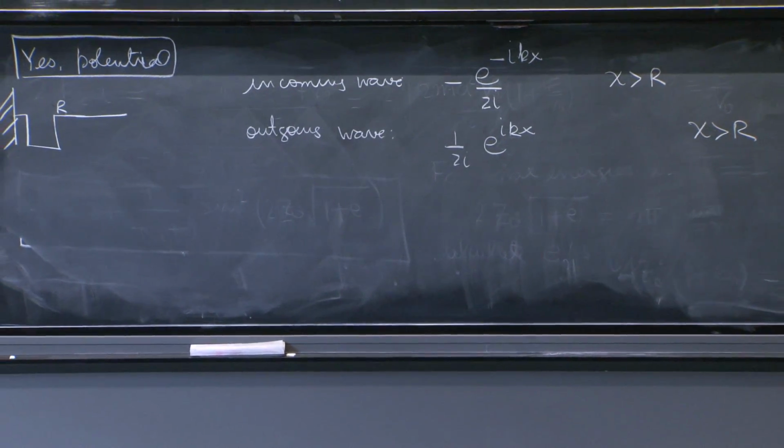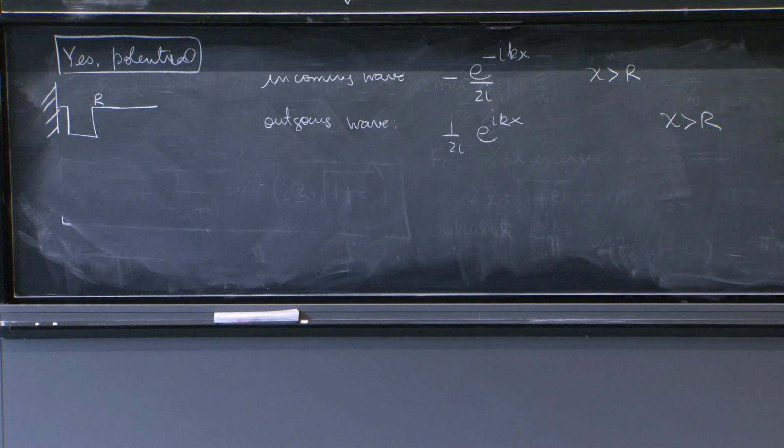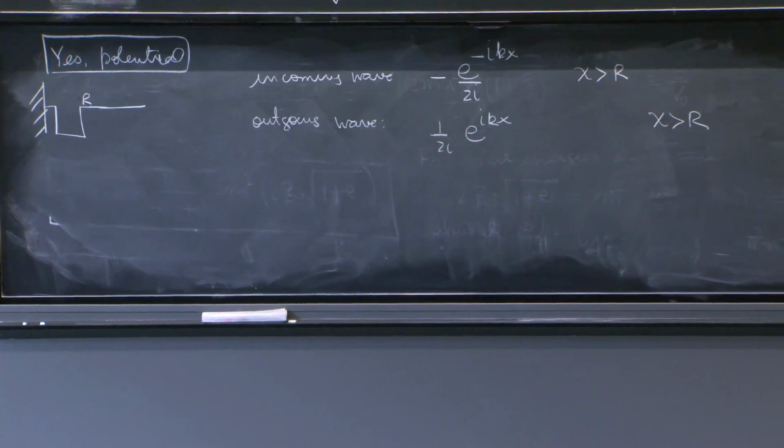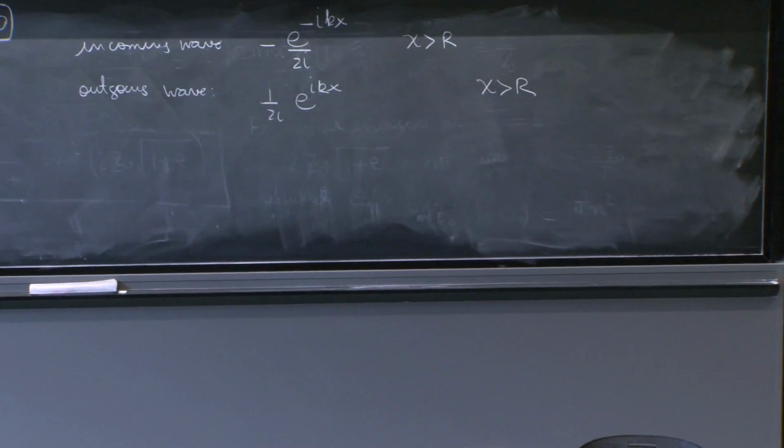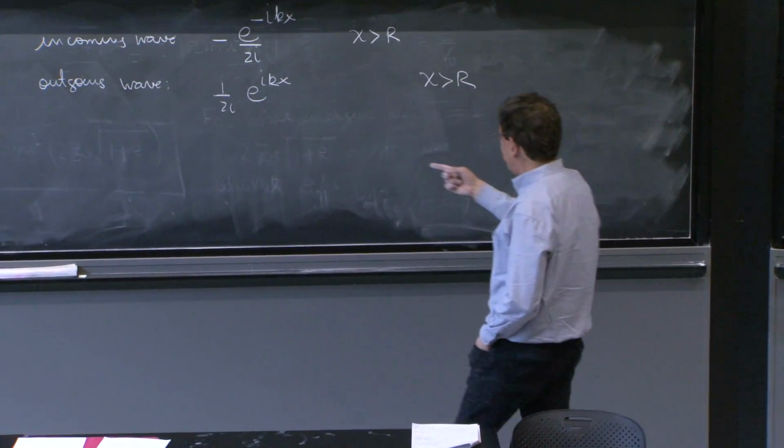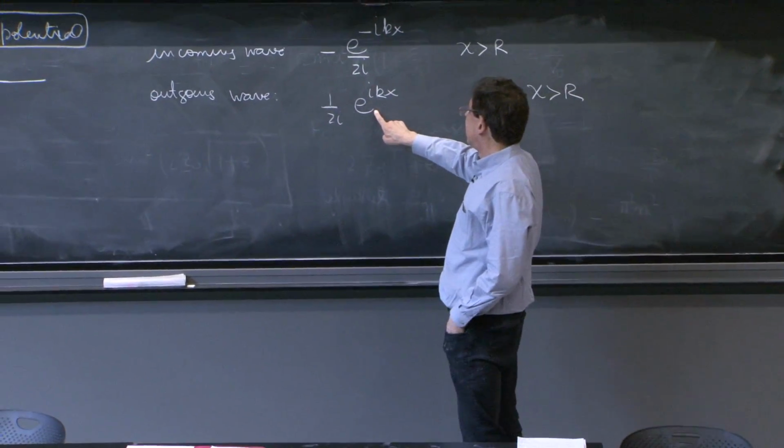But that cannot be the outgoing wave. This is the same as the other one, and there's a potential, so something must be different. On the other hand, if you think about it, very little can be different, because you must have a solution with zero potential. And you know, these plane waves going out are the only things that exist.